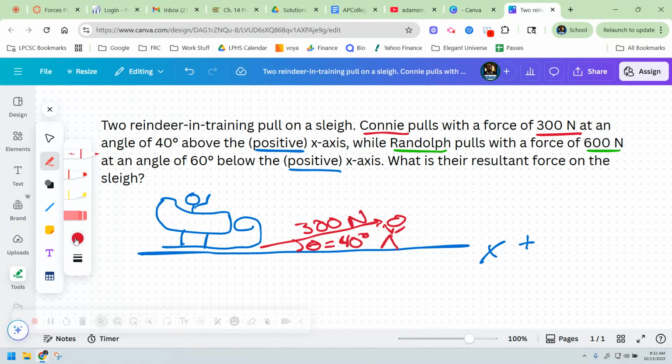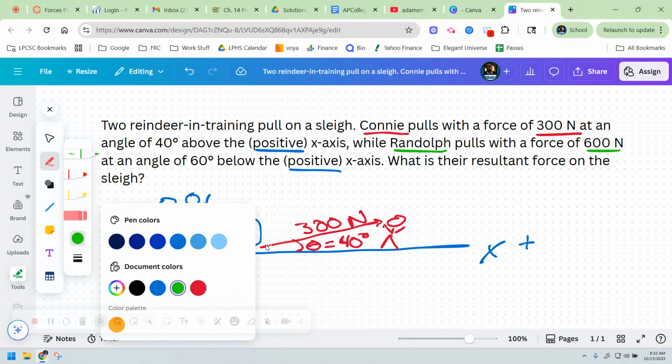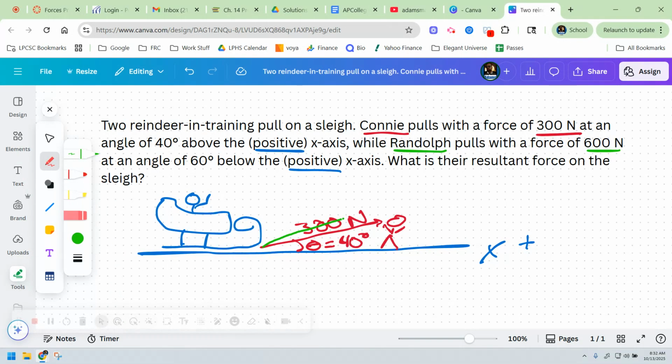And then Randolph is doing 600 newtons, but his is at 60 degrees. Randolph's a little taller. And his is not 600 degrees, 600 newtons. But his angle is equal to 60 degrees.